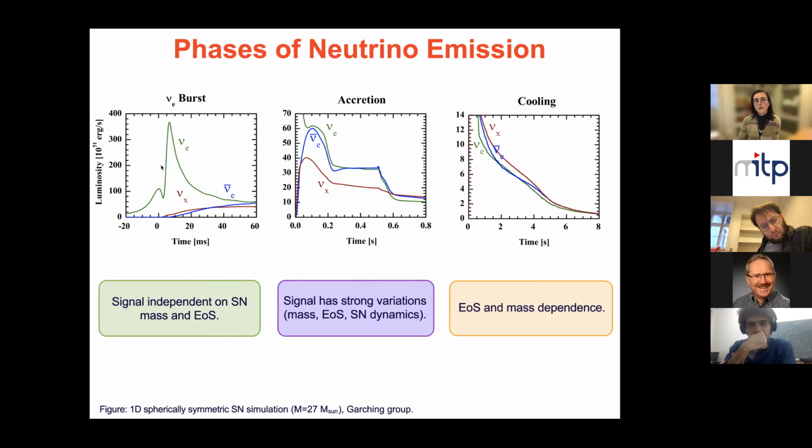So in principle, if this peak, the neutronization burst, is not observed, and we know exactly what happens for flavor oscillations in the standard context, then this signal could be used to place some constraints on non-standard kinds of interactions.